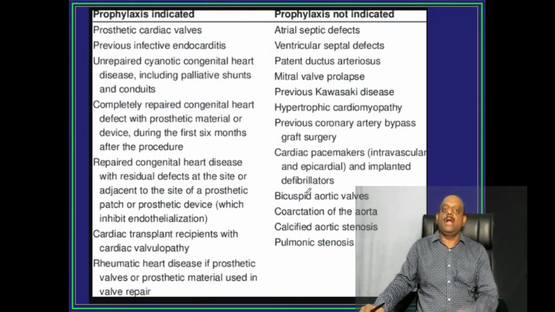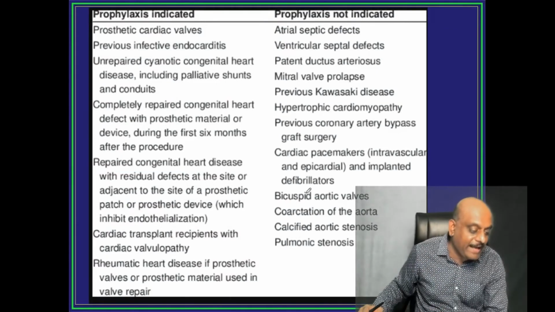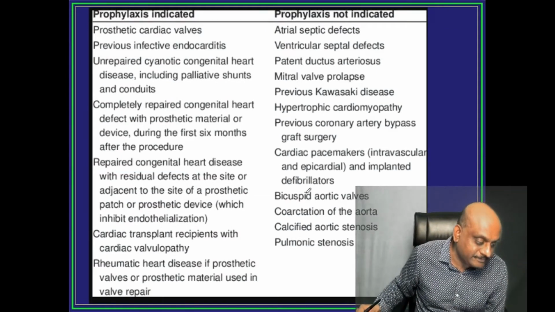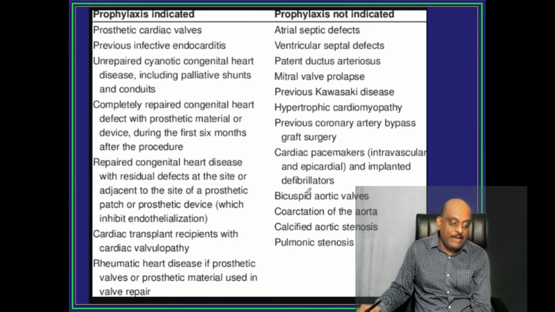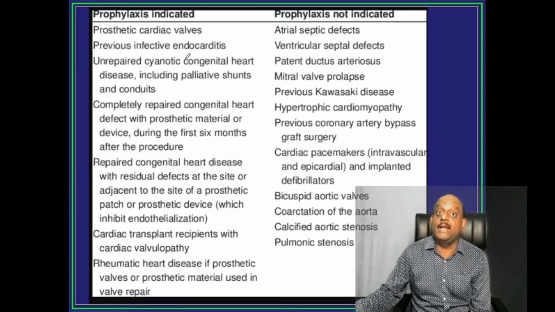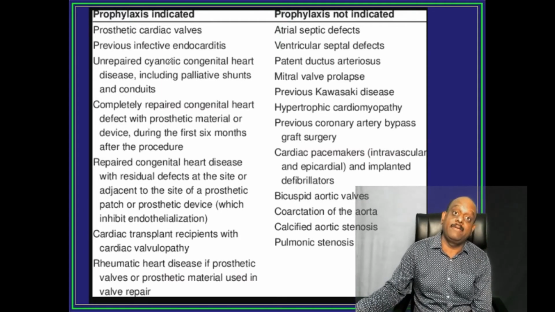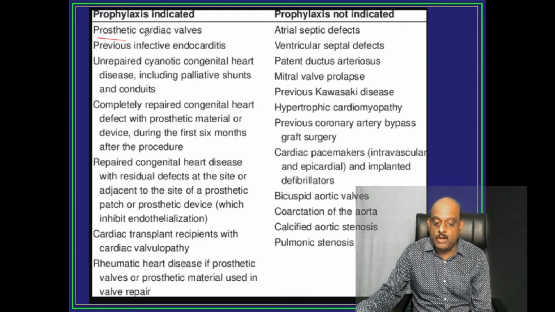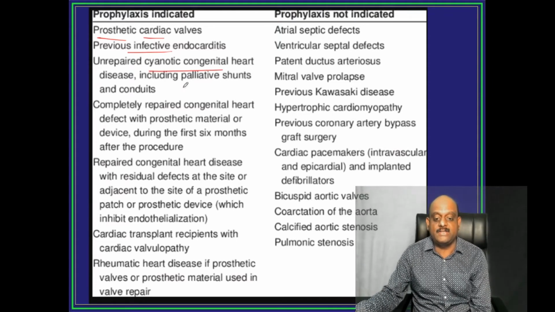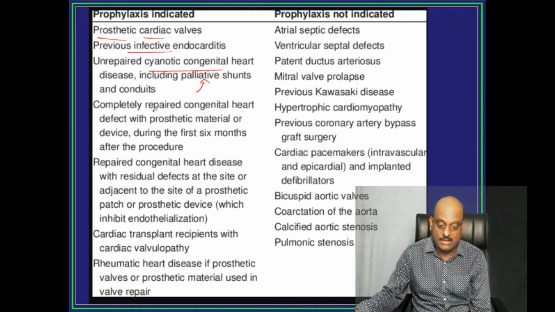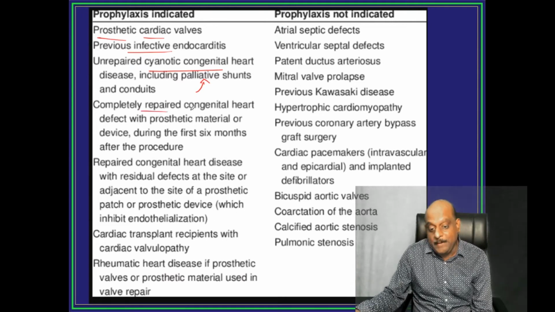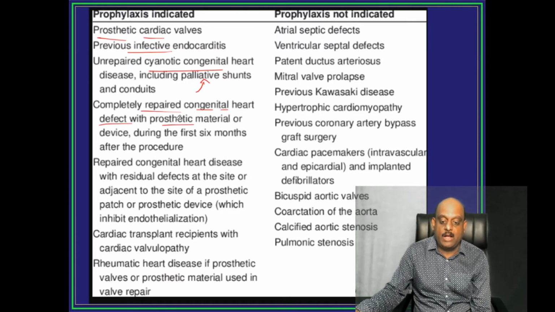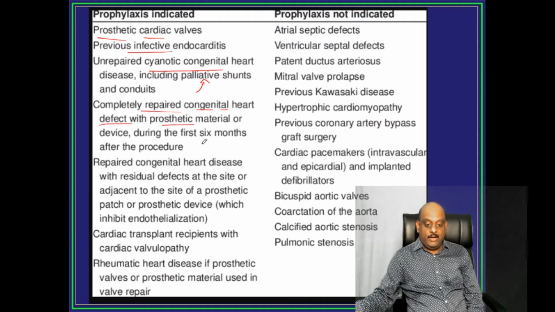Right now. Now, what conditions is prophylaxis indicated, and in which conditions is prophylaxis not indicated? Favorite question of the examiner. Prosthetic cardiac valves, previous infective endocarditis, unrepaired cyanotic congenital heart disease including palliative shunts, or completely repaired congenital heart disease with prosthetic material during the first 6 months after the procedure.